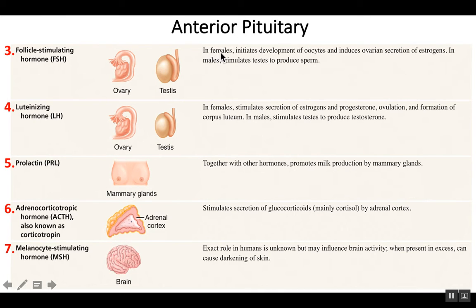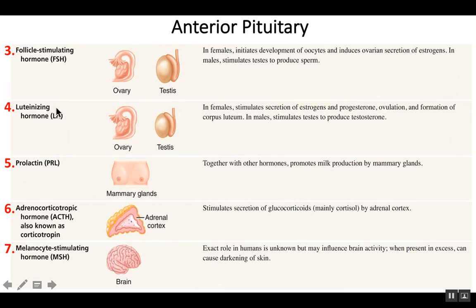So in females, FSH initiates the development of oocytes and induces ovarian secretion of estrogen. FSH matures the ovarian follicles and gets them ready in order to ovulate, or release the egg into the fallopian tube. In males, FSH stimulates the testes to produce sperm.